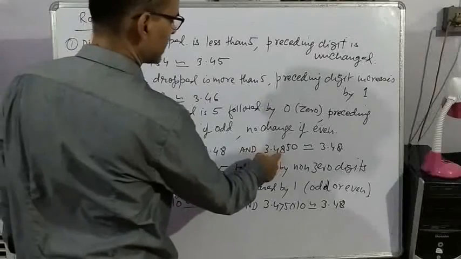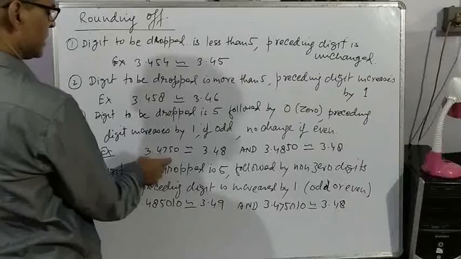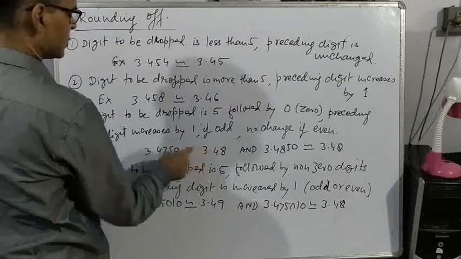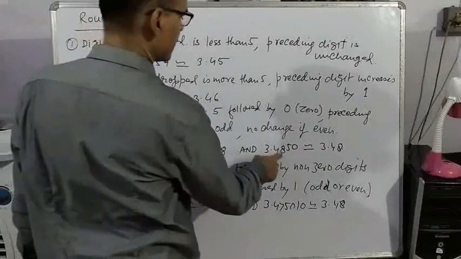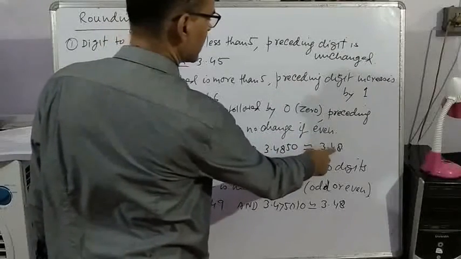Here we are having 8, even value. So after rounding off, this value will increase by 1. So it comes out to be 3.48, and it is even value, so there is no change. So value remains 3.48 only.